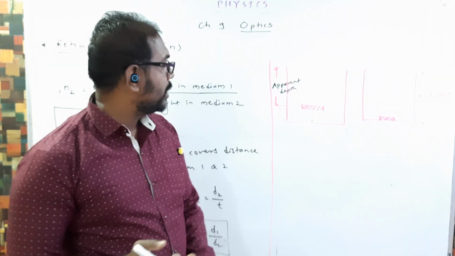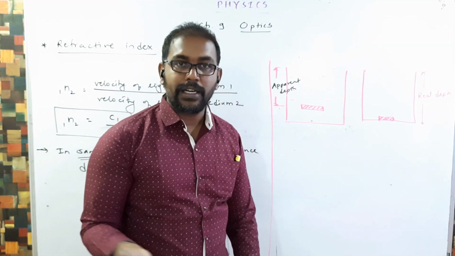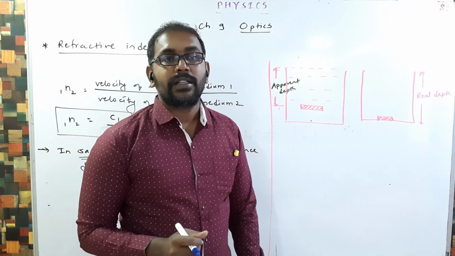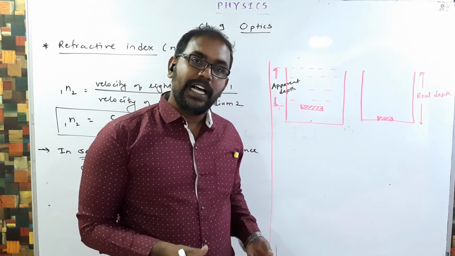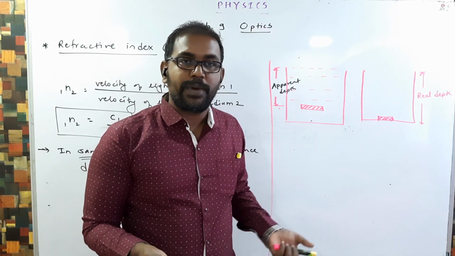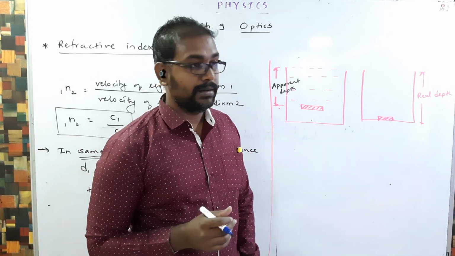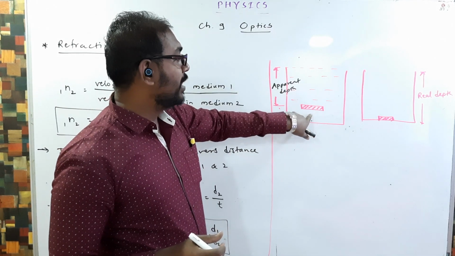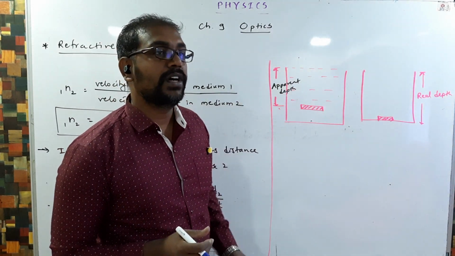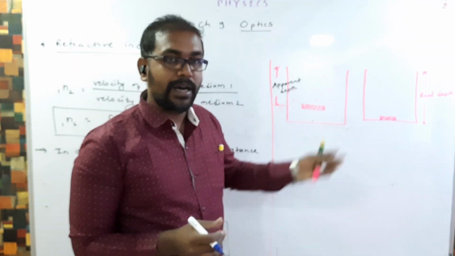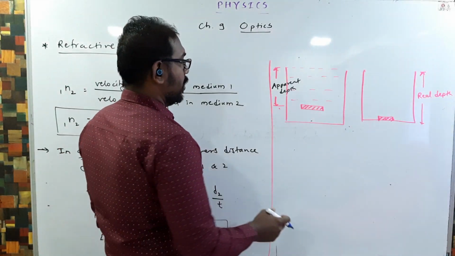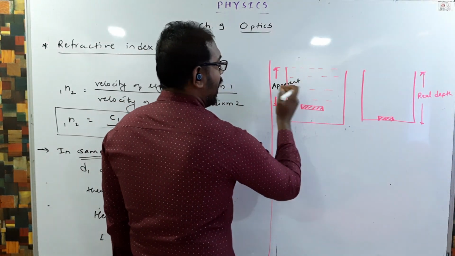You can do this experiment at your home also. You can take a coin in a glass and observe it. Then take one more same size glass, same 1 rupee or 2 rupees coin, and pour some water in that and observe. Then you feel that the coin in the glass with water is a little above the other coin. So this is real depth and this is apparent depth.